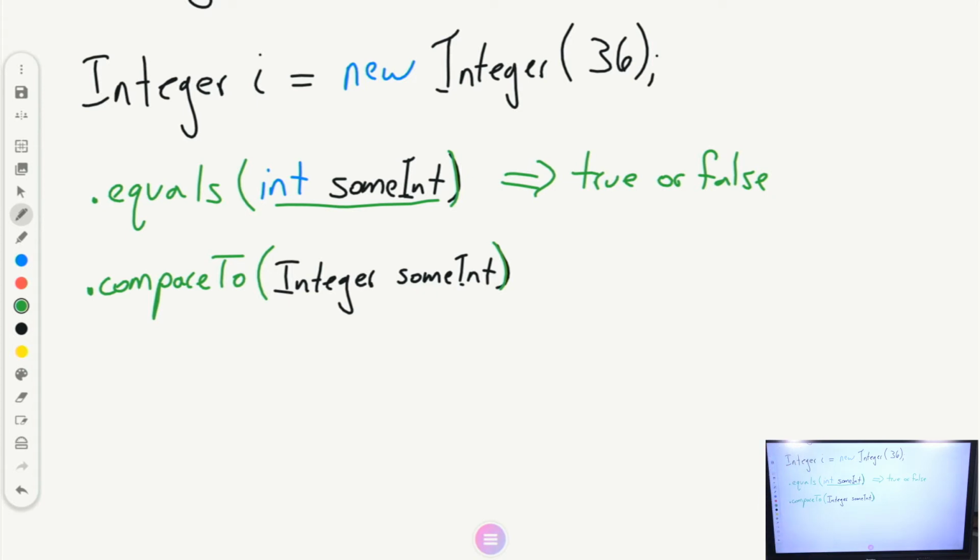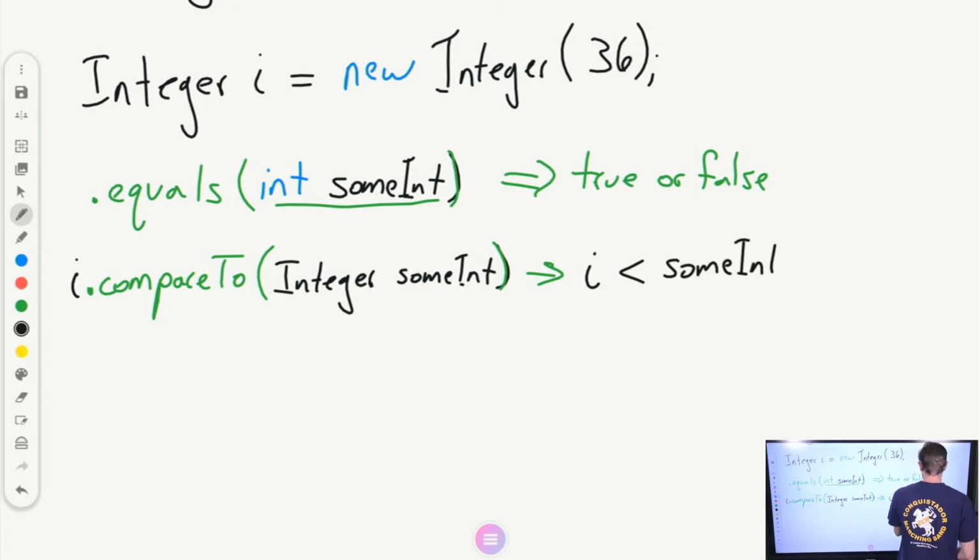So just like in our compareTo for strings, we will do this. Let's say, I'm going to say i here just for expediency in explaining this. If i is less than someInt, it returns a -1.